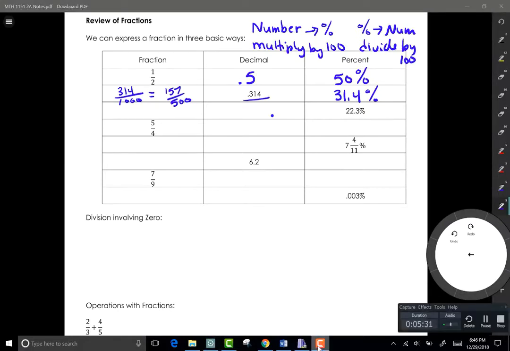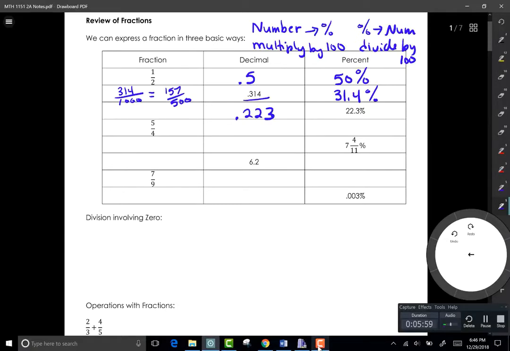Okay, now going backwards, for the next example, I have 22.3%, and I want to change that to a decimal and a fraction. So I want to take 22.3 and I want to divide by 100. So in my calculator, I put 22.3 divided by 100, and I'm going to get 0.223.